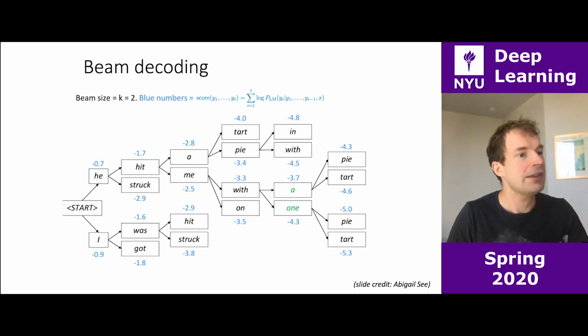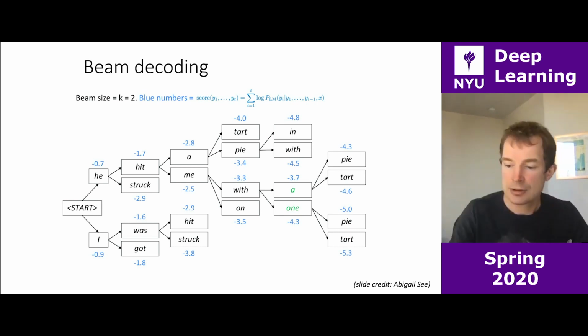The aim is to find complete hypotheses, from the start to the end token, that have the highest possible score. We'll just keep on generating new hypotheses until there's no possible new words we can add that will beat the K complete hypotheses we still have.